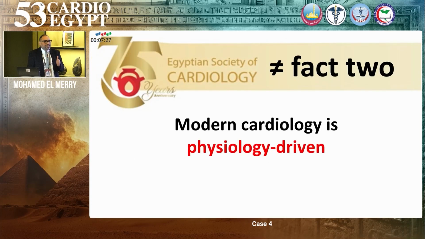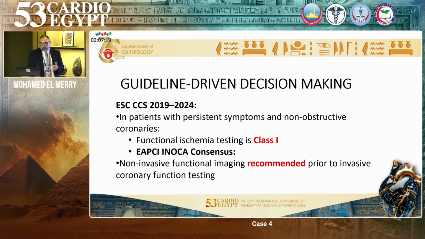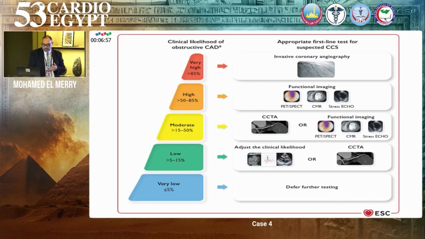So our next fact today is that modern cardiology is more physiologically driven than the classical anatomical teaching. The ACC 2024 guidelines and the BCI in UNOCA consensus show that functional assessment is considered class 1 for patients with low and intermediate risk probability, to assess whether they have microvascular dysfunction or not.